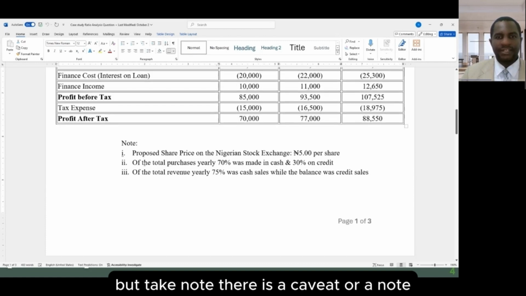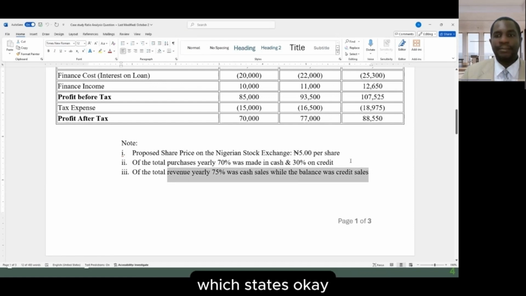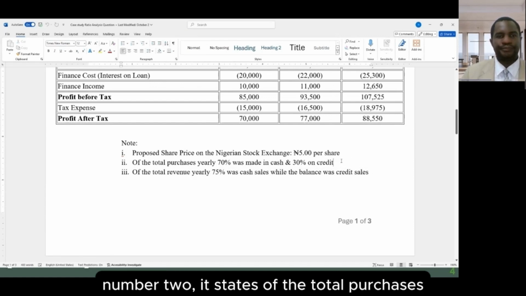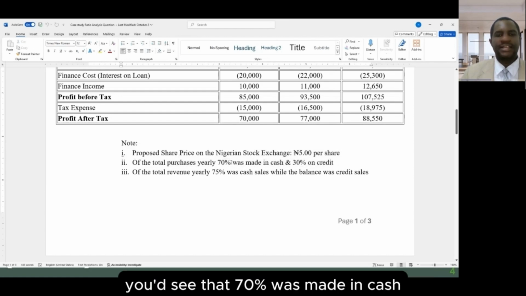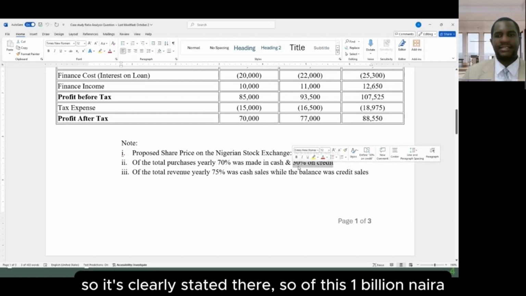But take note, there is a caveat, which is note number 2 in the SCI. It states that of the total purchases yearly, 70% was made in cash and 30% was made on credit. So it's clearly stated there.